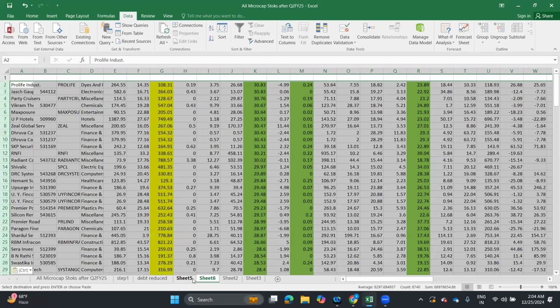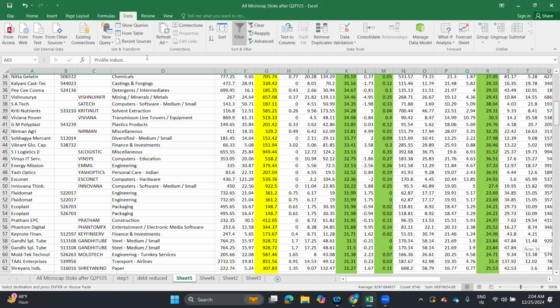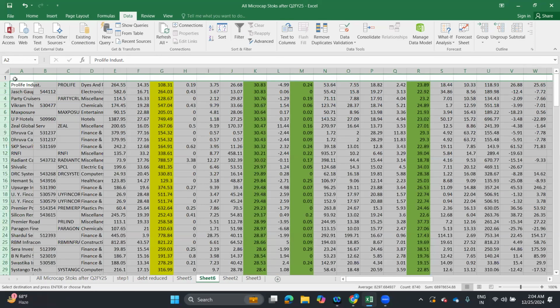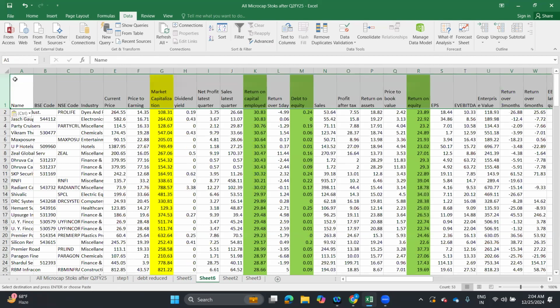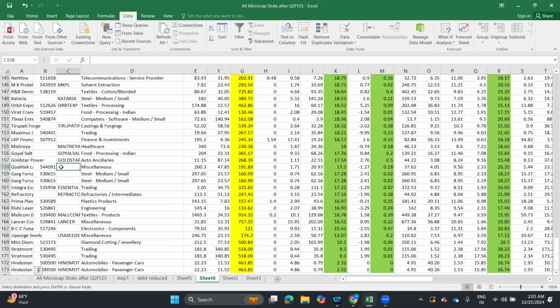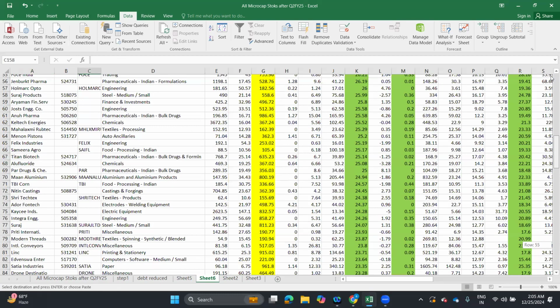These techniques are very effective to trim your list of stocks for further study or qualitative study. So this is done. Now it is 173. Still, it is very big. 173 is still very big.